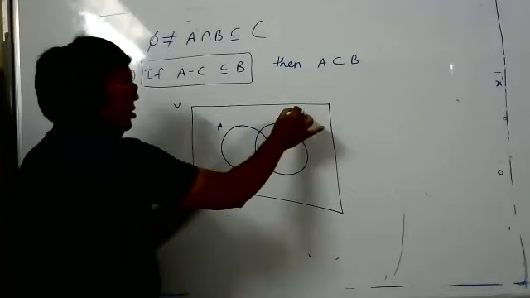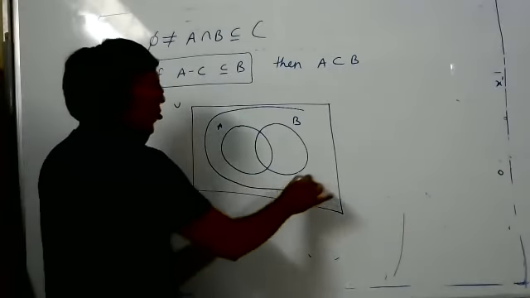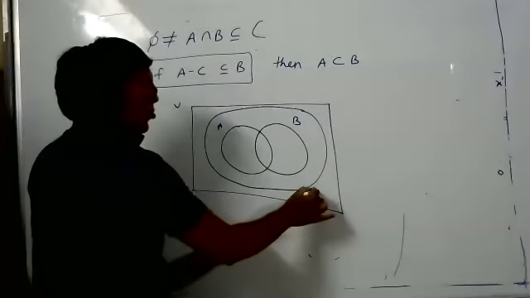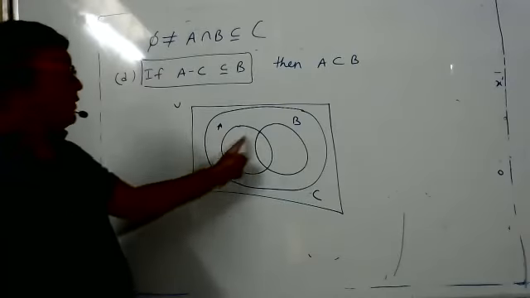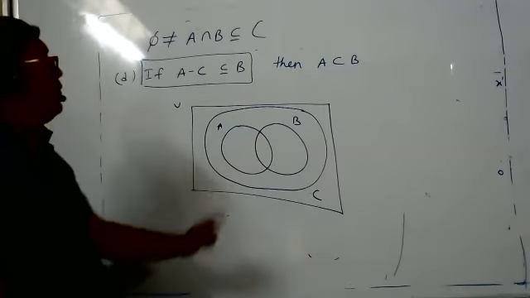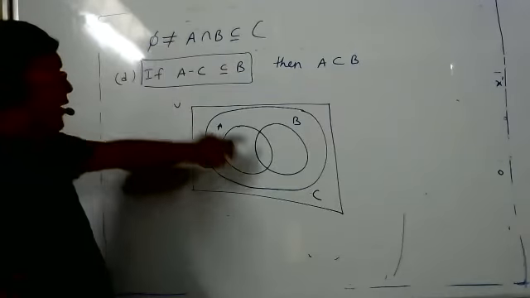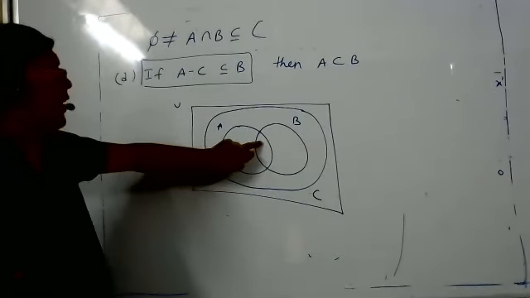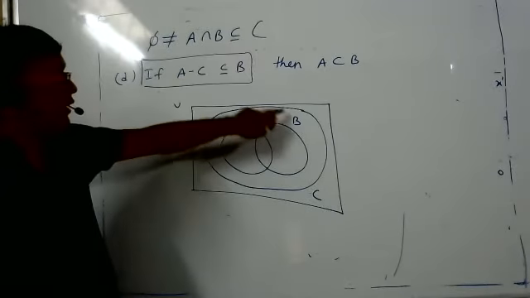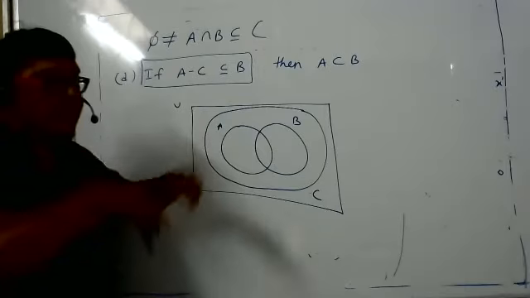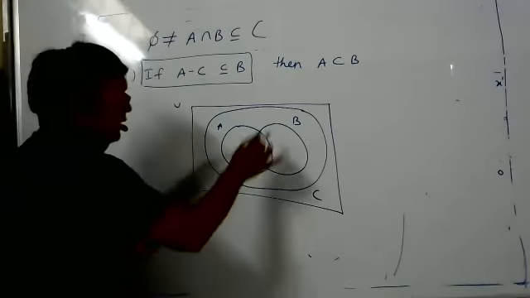So I will draw one set here. This is the set which includes A and B, the bigger circle, set C. Now set A, set B, bigger circle set C. Now you can see A intersection B is not the null set, and A intersection B is a subset of C, because it is inside set C. Now what is the value of A minus C in this Venn diagram?